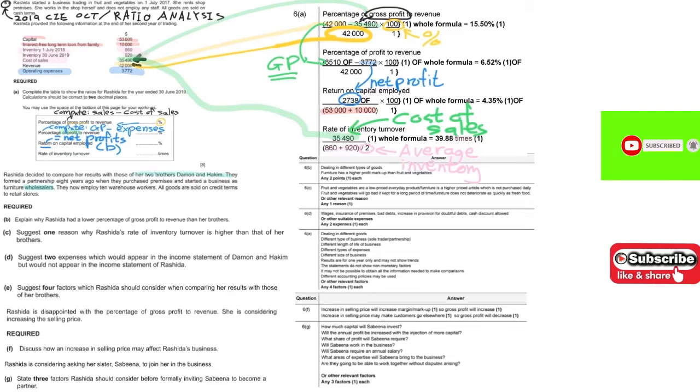She is a business trading fruit and vegetables. So then you can see the goods are different. Of course, the brothers sell furniture. For furniture, they would have a higher profit markup than the fruit and vegetables sold by the owner, Rashida.